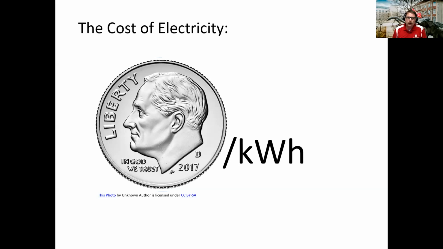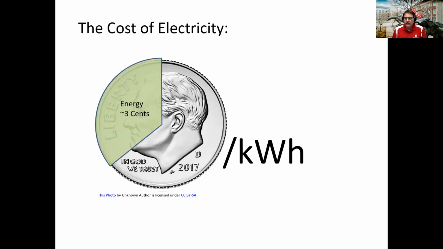Let's think about the cost of electricity. Only a portion of that electricity is the actual energy, what it took to generate that energy. And I'm going to say that that's worth 3 cents. Again, I'm just using some rudimentary numbers here to give us an example of what we're paying for.